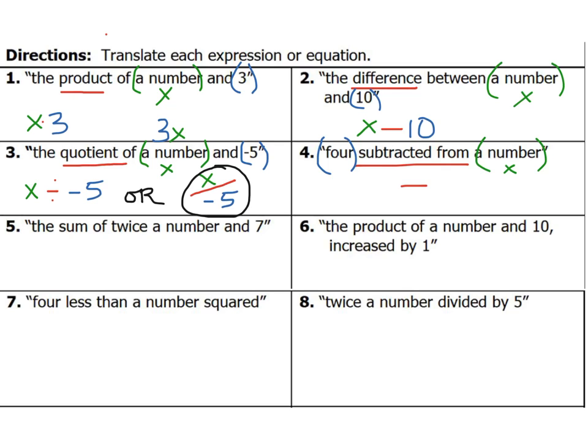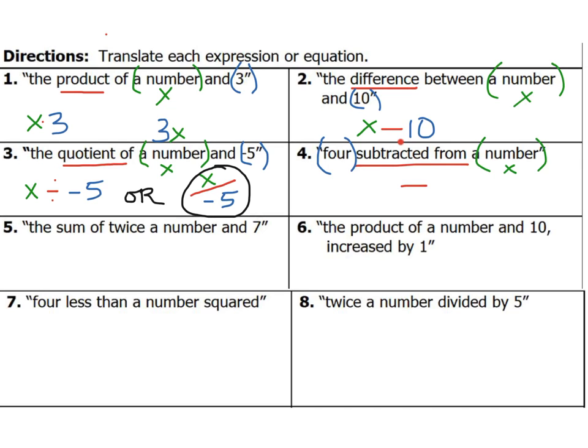Whenever I see subtracted from, yes, it will be subtraction, but that subtraction sign will go, whoops, let me put that back. The subtraction sign will be moved to the front of the word that was in front of it, okay?